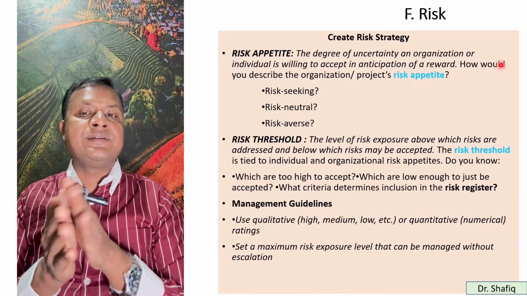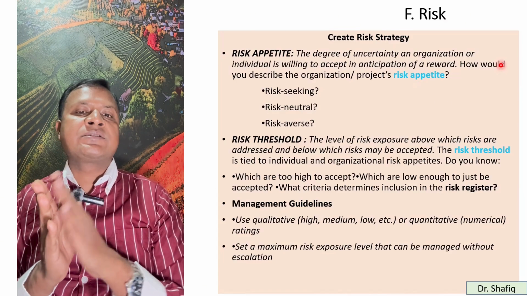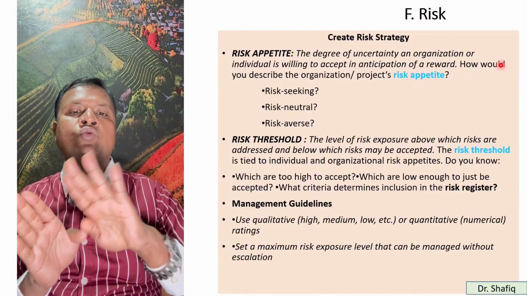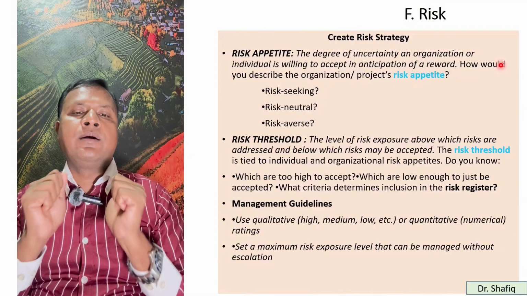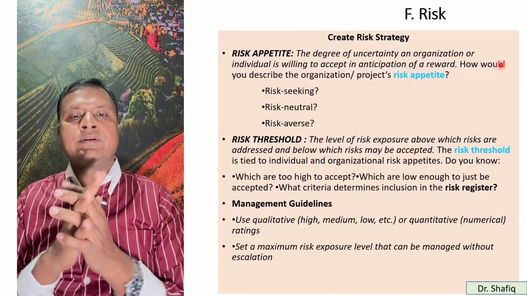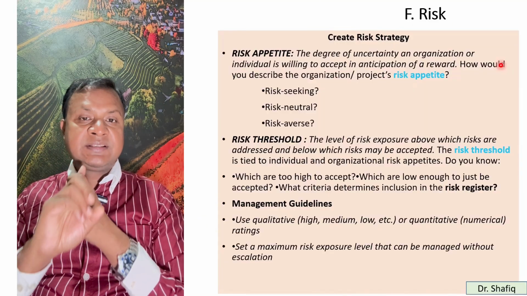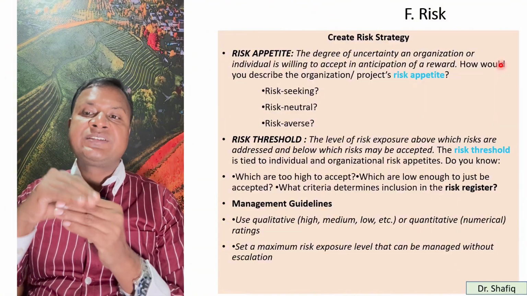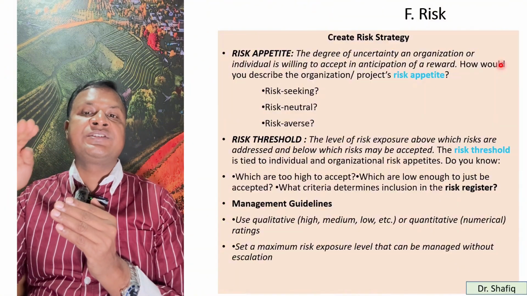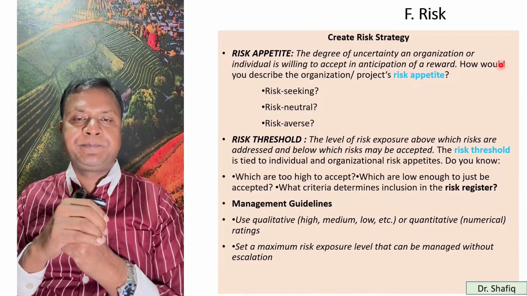On the other hand, risk averse is who just escape it, who just try to avoid it or try to block it. That's called risk averse. So there is another word, risk threshold, the level of risk exposure above which risks are addressed and below which risk may be accepted.